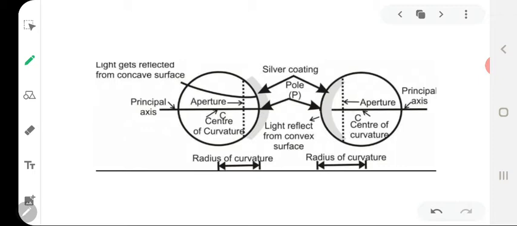Next, we shall focus on the third term, that is radius of curvature. You can easily locate it in the picture.